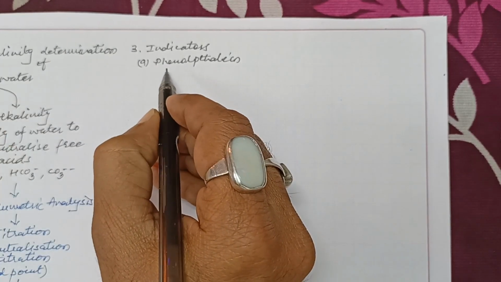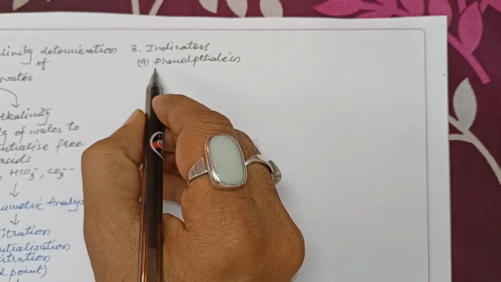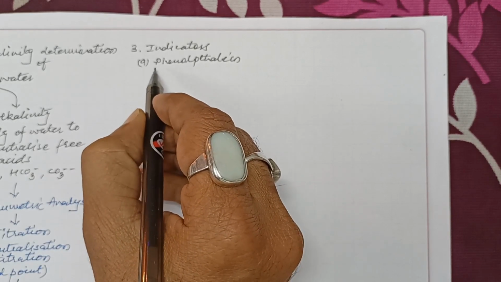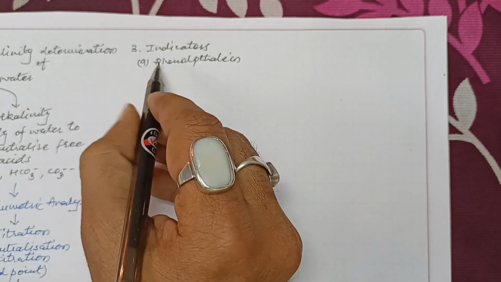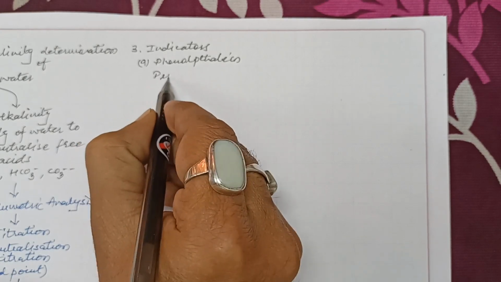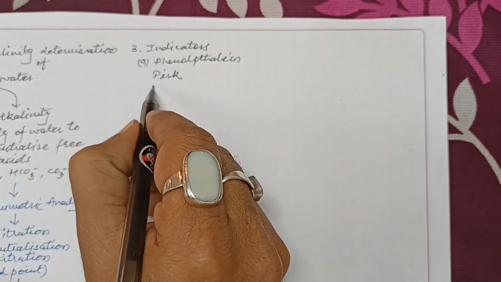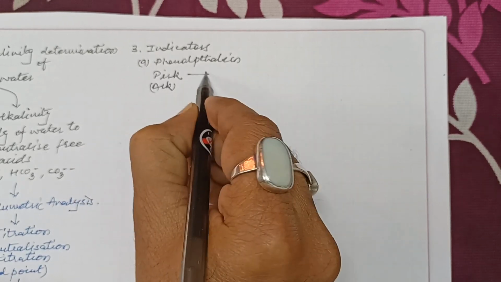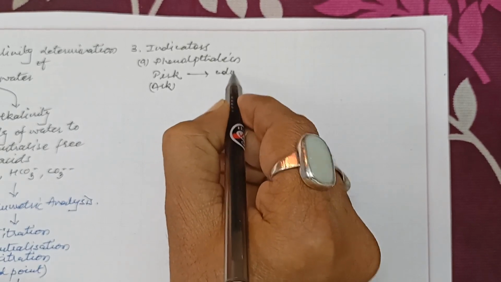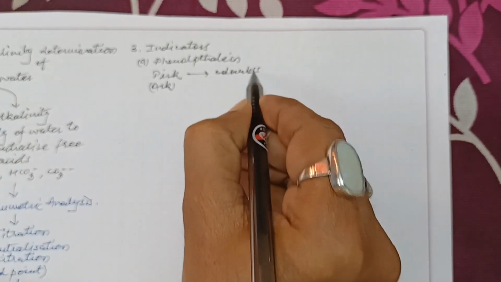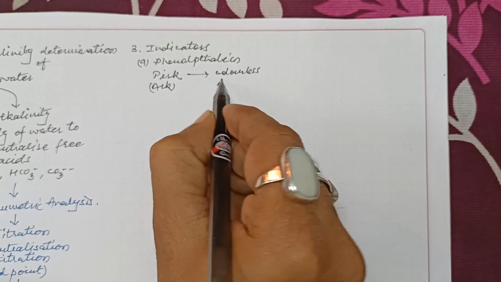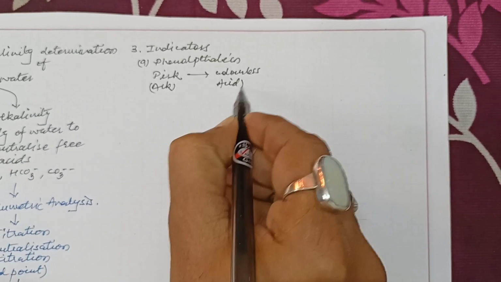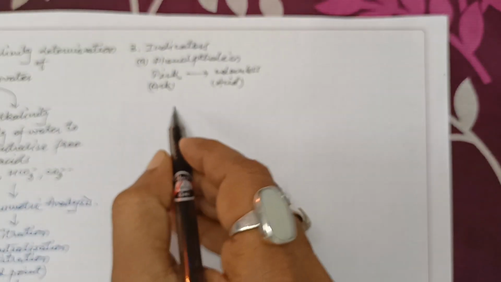Phenolphthalein is a peculiar indicator which shows a wide and sharp color range. It is pink in alkaline medium, which turns colorless when the acid medium comes.